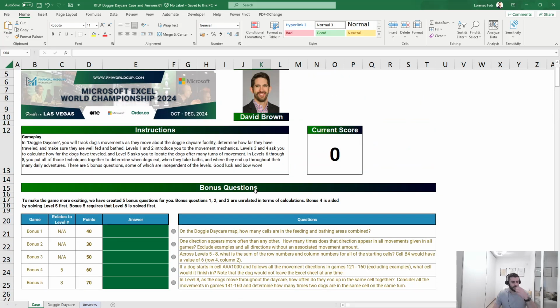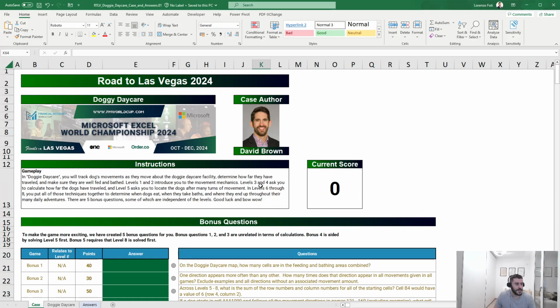So let's dive into it and see what is basically, at least, my solution and potentially also some better approaches to the different levels to see what I missed during the game.